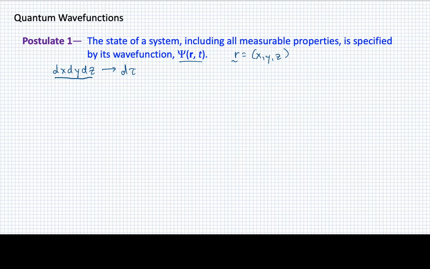So when we interpret this wave function, we often interpret it as a probability density, which means that when we talk about the wave function with its magnitude squared, and multiply this by a differential element, this represents the probability of finding the particle, which is one of the things that we might be interested in measuring for this system.